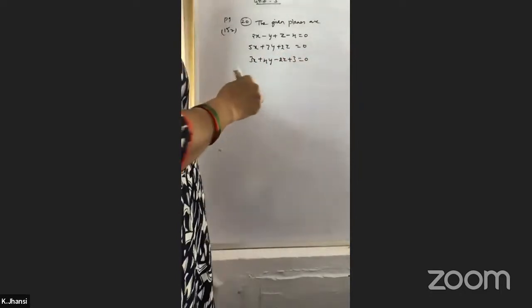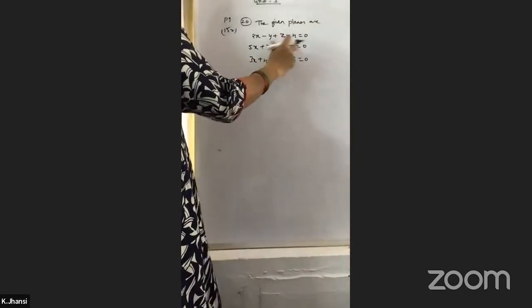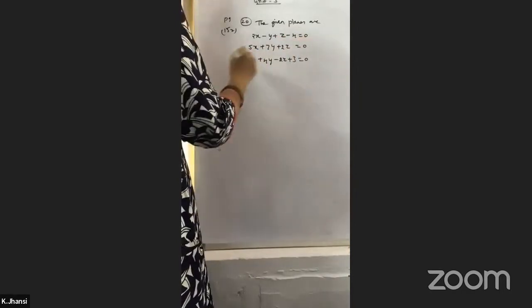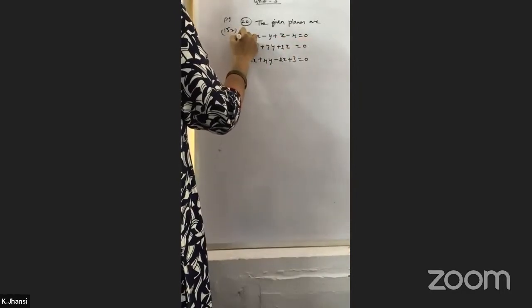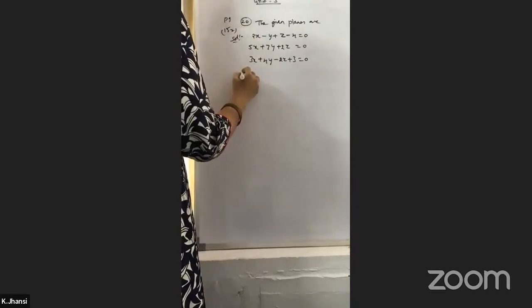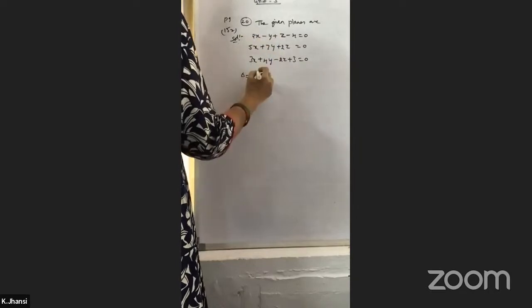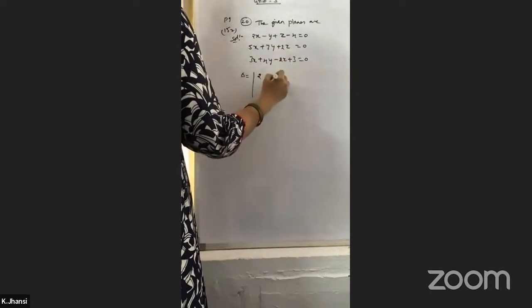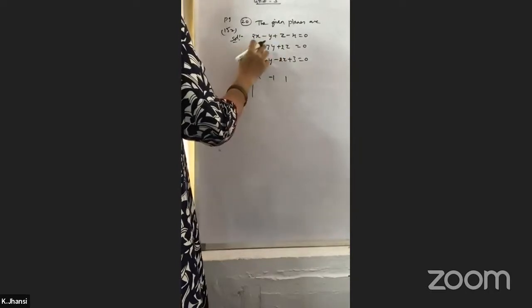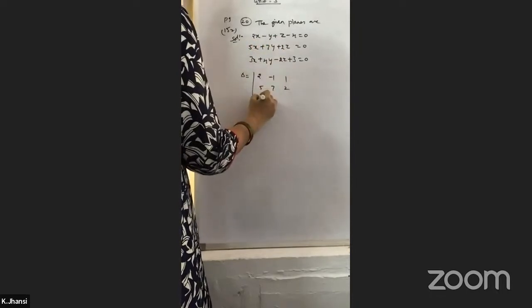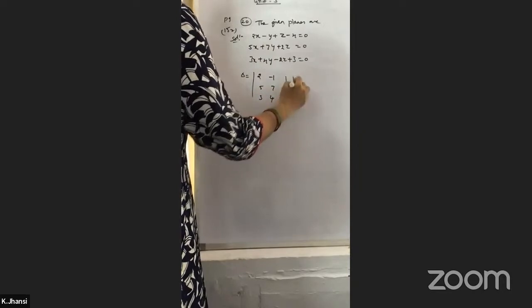These are the 3 given equations. In this, the constant term is not there, so you can take that constant term as 0. Now the delta value: you have to write the coefficients of x, y, z here. So it is 2, minus 1, 1. Next 5, 7, 2. Next here 3, 4, minus 2.